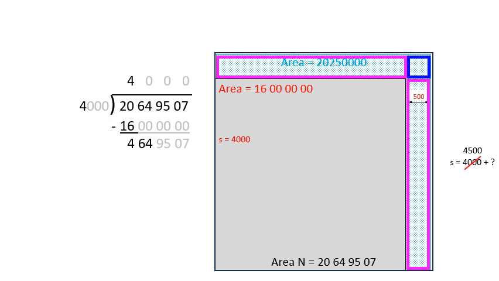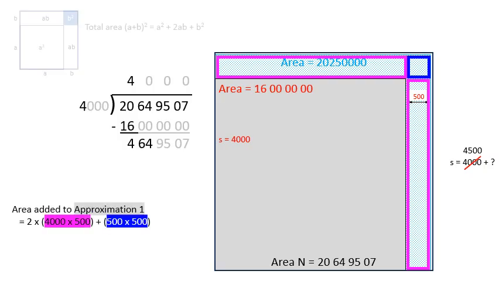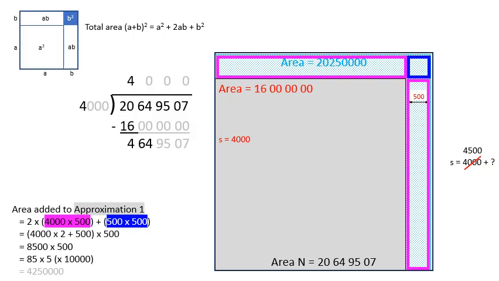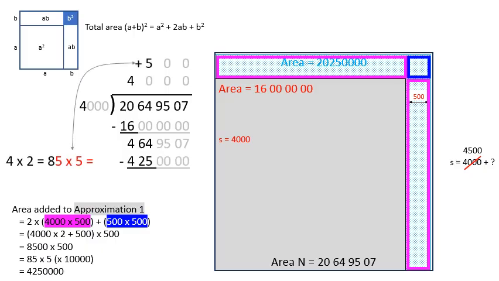The combined area added by these is interesting to relate to the geometric interpretation of the algebraic formula for the expansion of a plus b whole squared. The added area works out to 4,250,000, which is what the next step of our manual method precisely does.